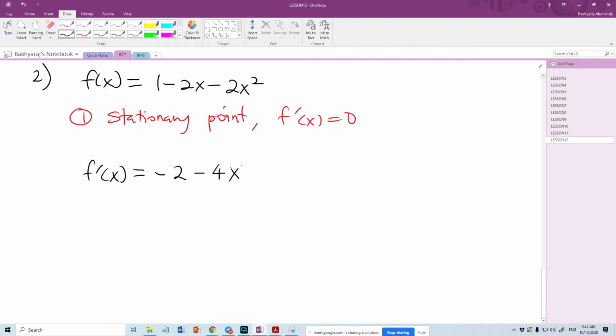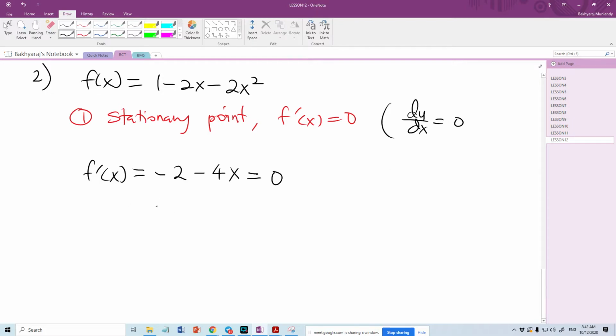Itu ialah first derivation dia lah, first order lah. Okay, now we need to get stationary point. Stationary point meaning that we need to put equals to 0 lah. Kena bagi sama dengan kosong lah. When stationary point, dy over dx must be 0.